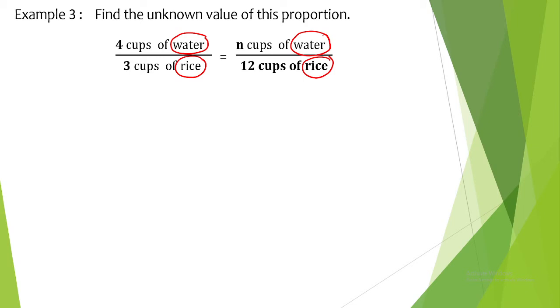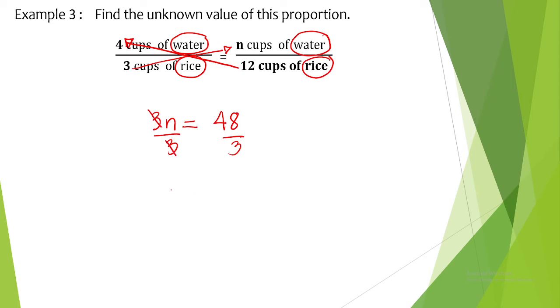Okay? Now let us cross-multiply. It becomes 3n is equal to 12 times 4, which is how much? 48. Okay, 48. Divide both sides by 3 to cancel 3.